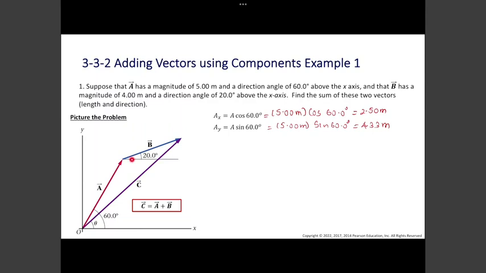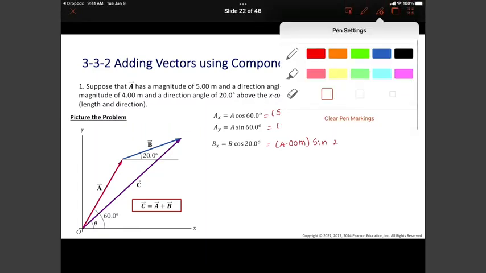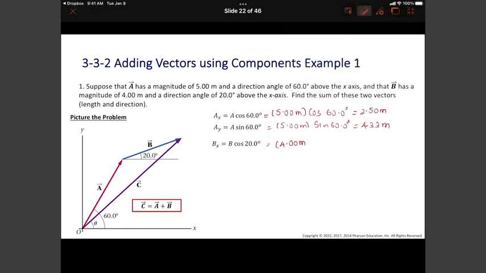The x component of vector B, Bx, is equal to B cos theta, where the angle is 20 degrees and the magnitude of B is 4.00 meters. So it is 4.00 meters times cos 20 degrees, and the answer is 3.76 meters.